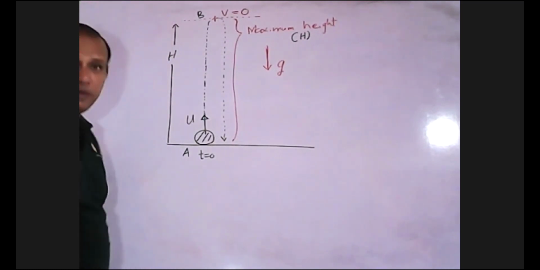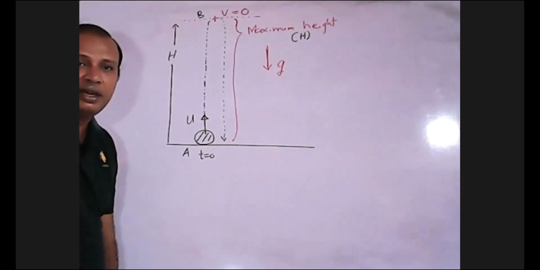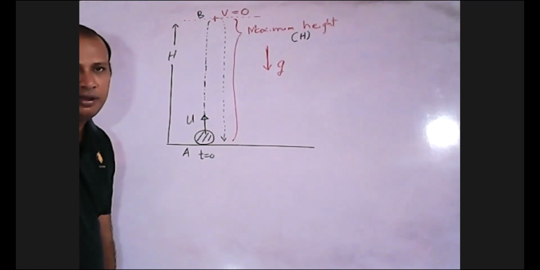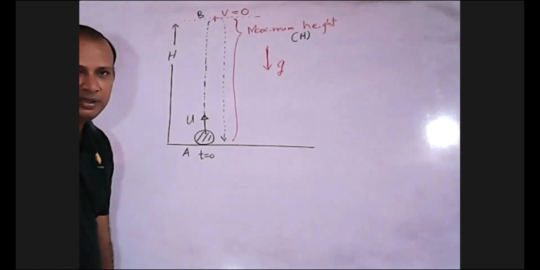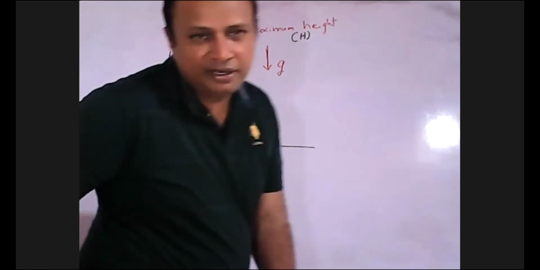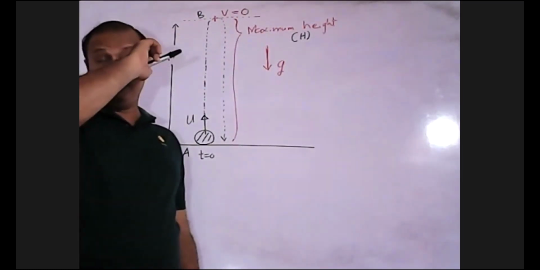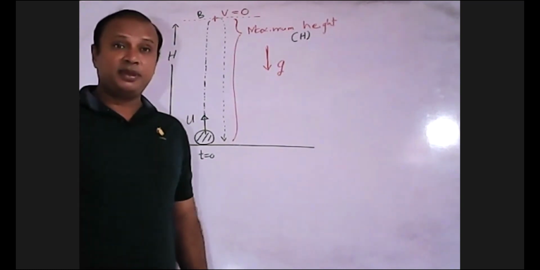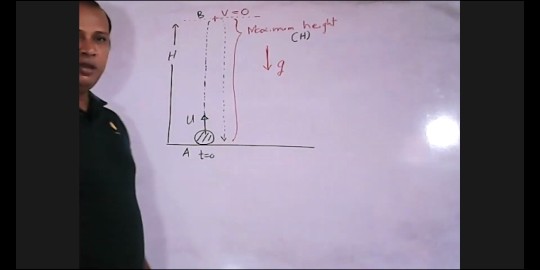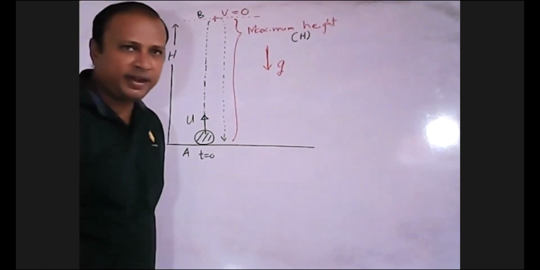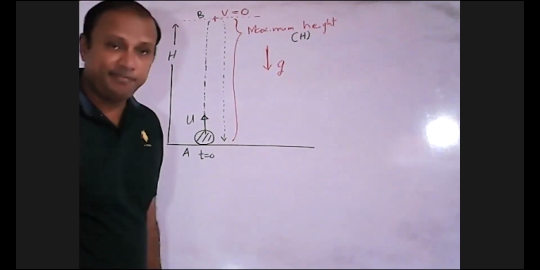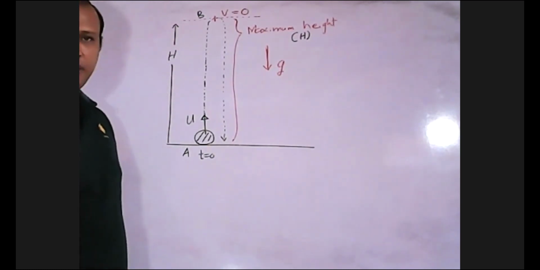You also have s equals u plus v over 2 times t. No, we cannot use that because there's t here. We don't know t. We want to find h. We don't know time.